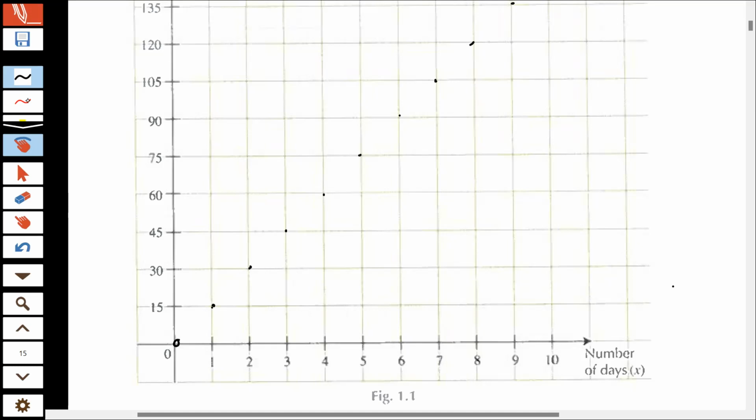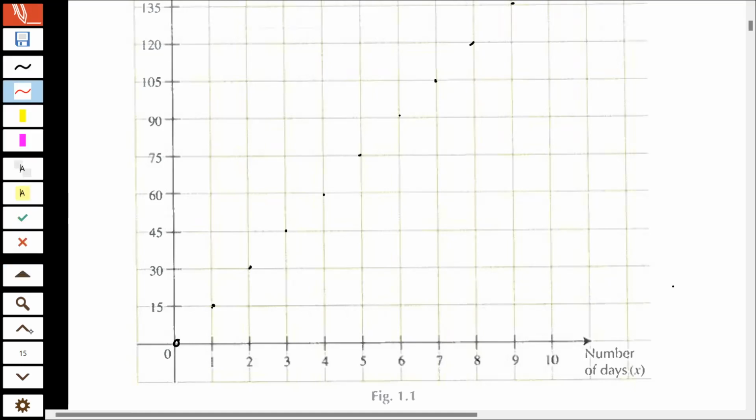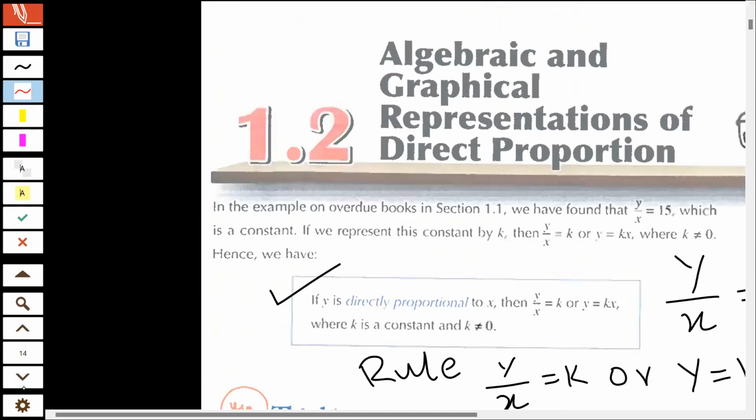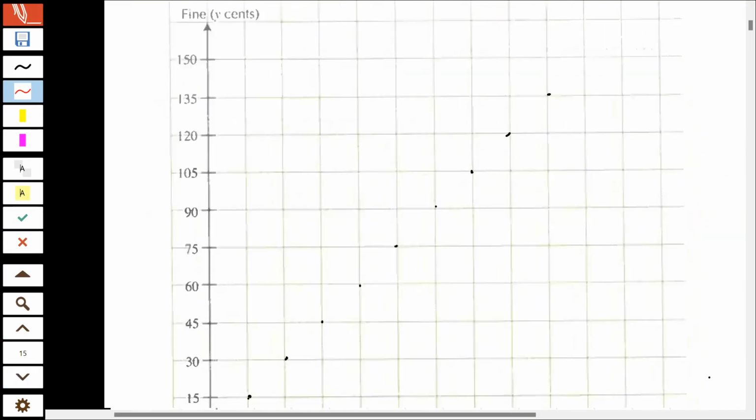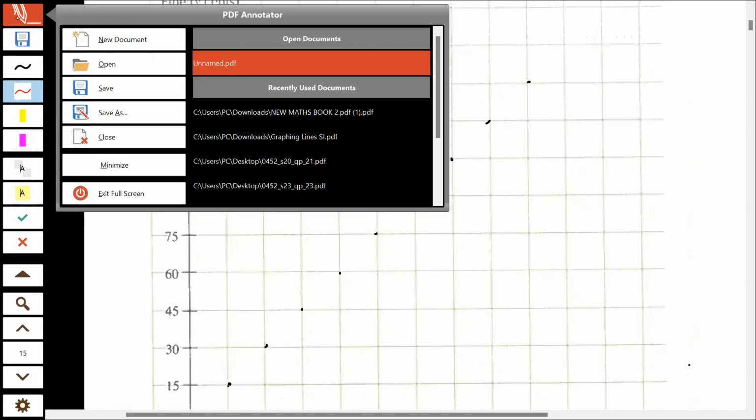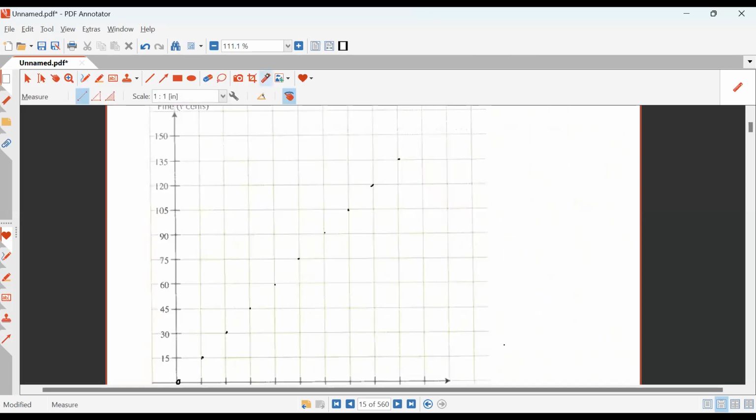Now I have to make a line. अब line draw करते हैं. लाइन ऐसे आएगी.